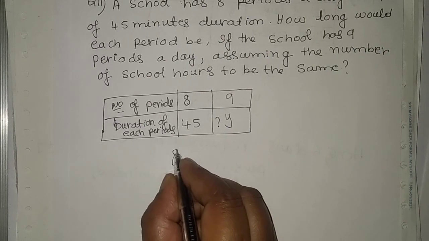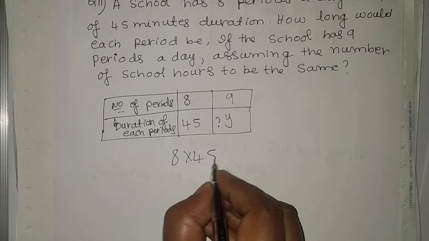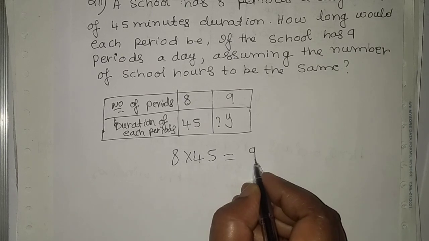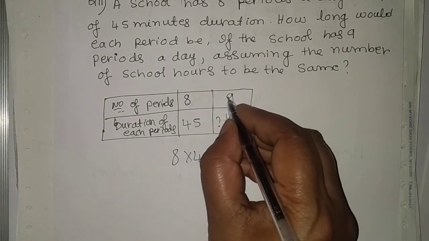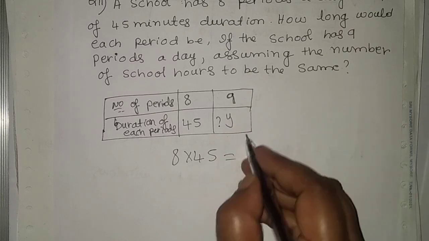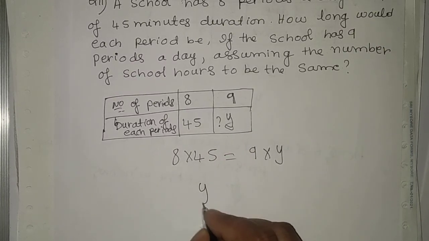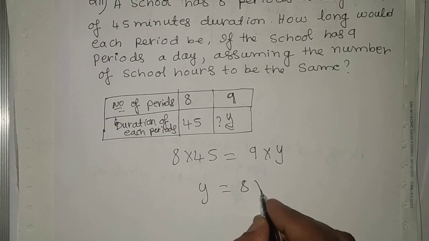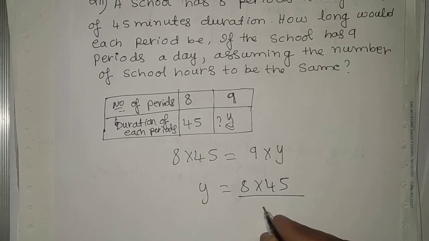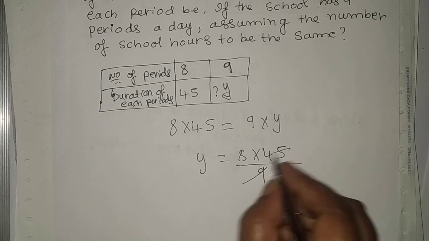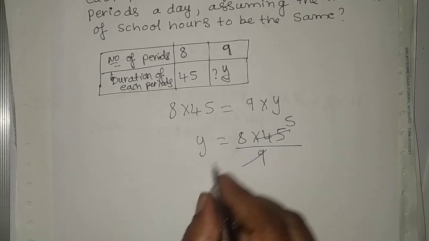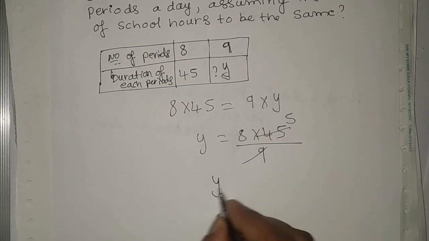Therefore 8 into 45 is equal to 9 into y. So y is equal to 8 into 45 by 9, which is 8 into 5, equal to 40.